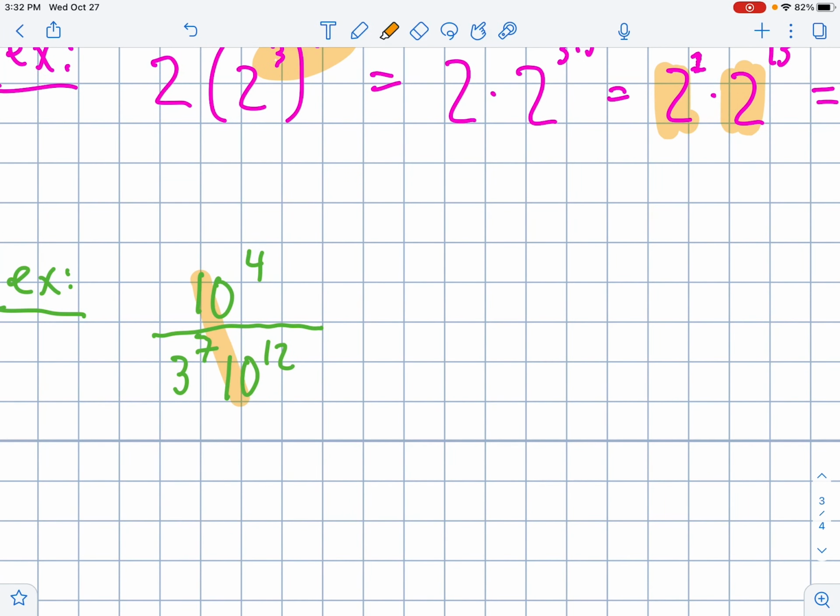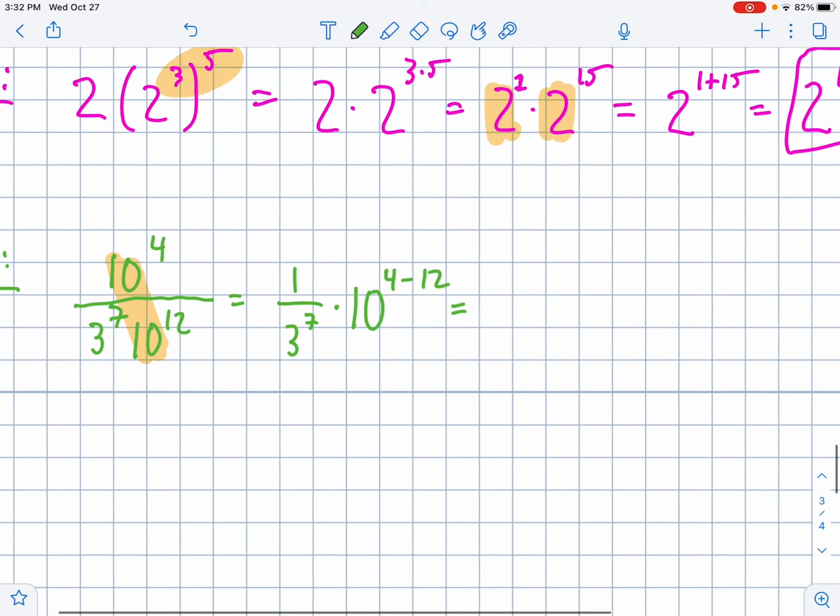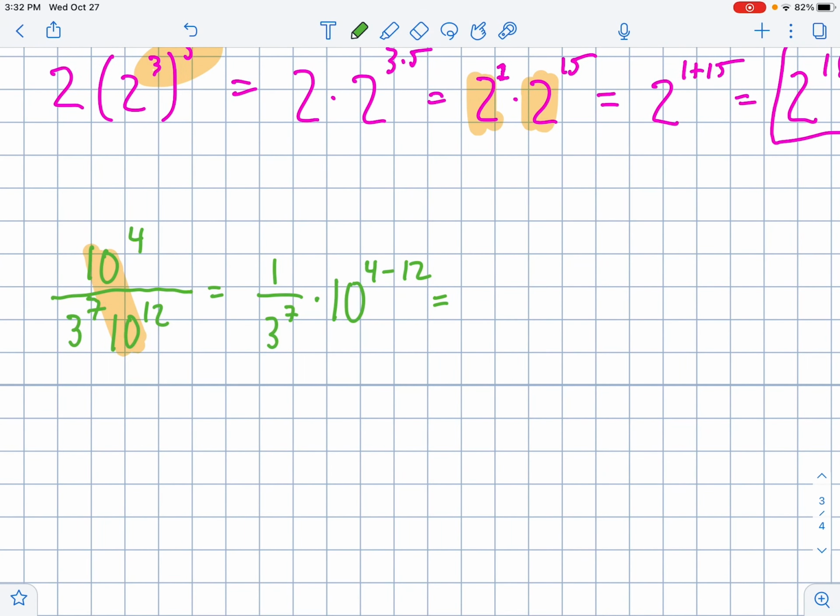Remember that you can only do these power rules with the same bases. So the base of 10 is the only thing you can do there. So this becomes 1 over 3 to the 7th times 10 to the 4 minus 12. So the 4 minus 12 becomes negative 8. So just let the 1 over 3 to the 7th hang out. And you get 10 to the negative 8.